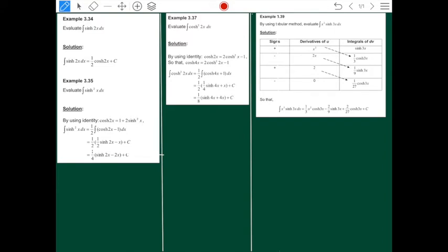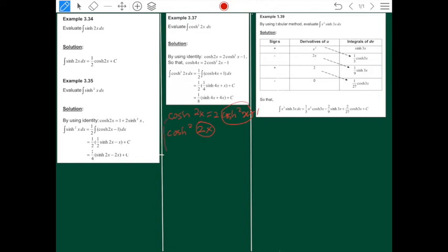This is the original one: cos 2x equals 2 cos squared x minus 1. But in our question, we have cos squared 2x. We have 2 here, while the original one only has a single x.